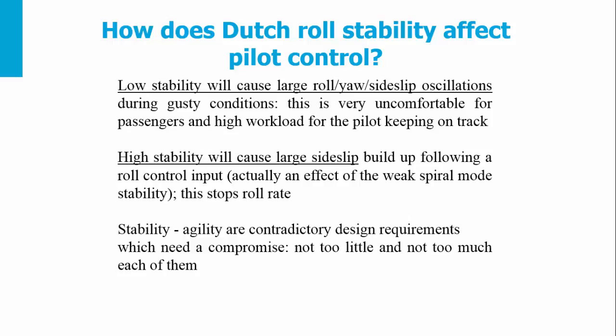This is actually an effect of the weak spiral mode stability. So you see that stability and maneuverability involve contradictory design requirements which need a compromise. So we want not too little stability, but also not too much stability.